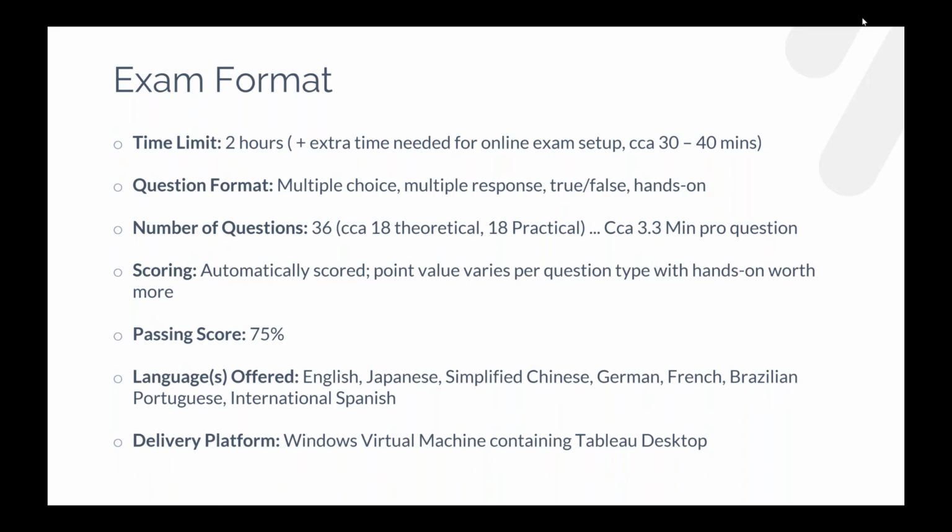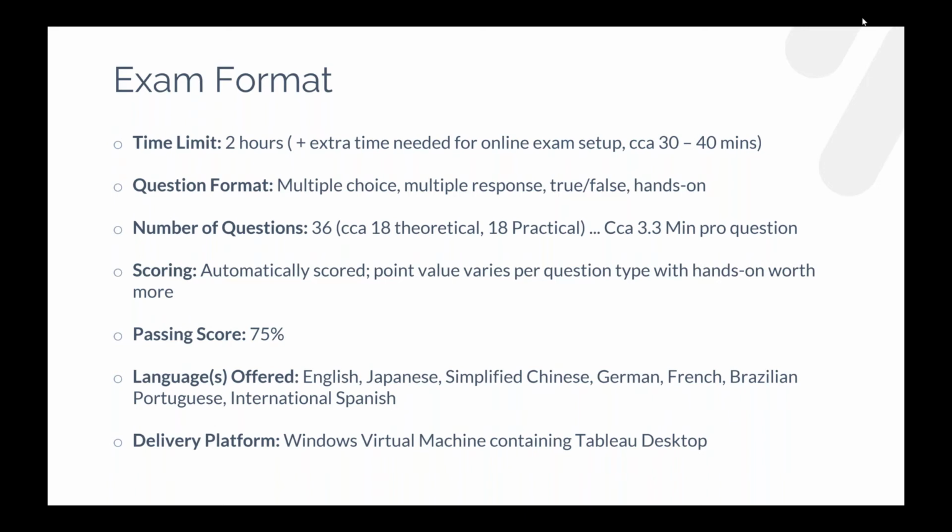In terms of the question format, there are going to be different questions. I mixed the different formats here a bit, but you can expect multiple choice questions where only one answer is correct. You can expect multiple response questions where several answers are correct. Sometimes there are only true or false questions, and then there are hands-on questions and theoretical questions.